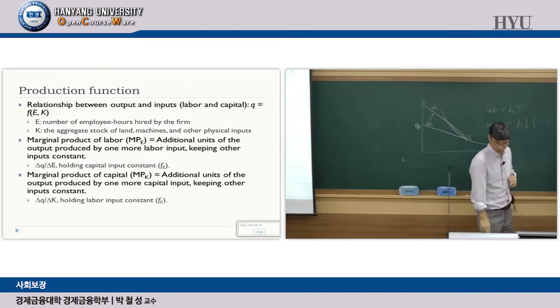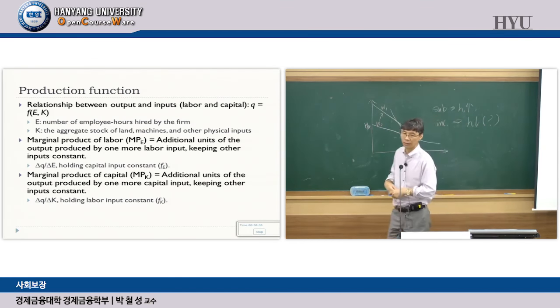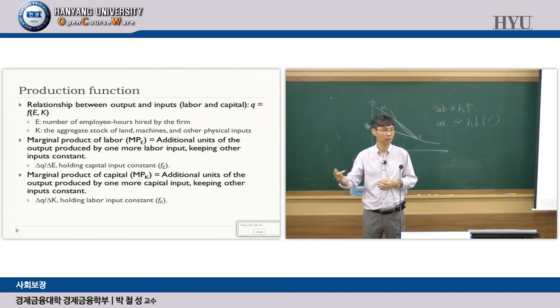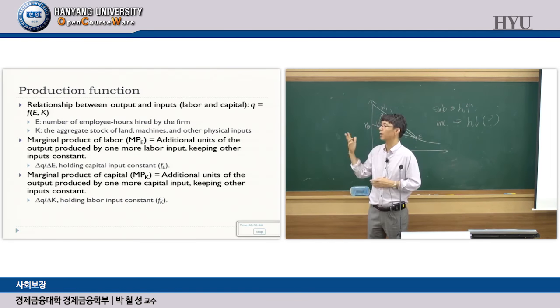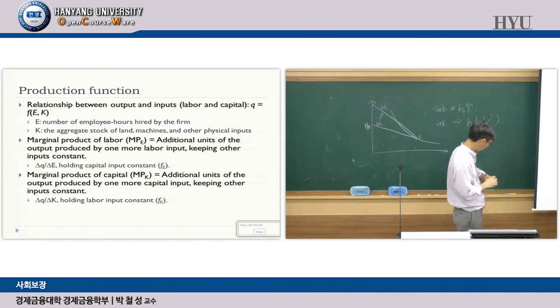You can also define the marginal product of capital, basically the same idea: we use one more unit of capital, then production is going to increase, and that increase is called the marginal product of capital.